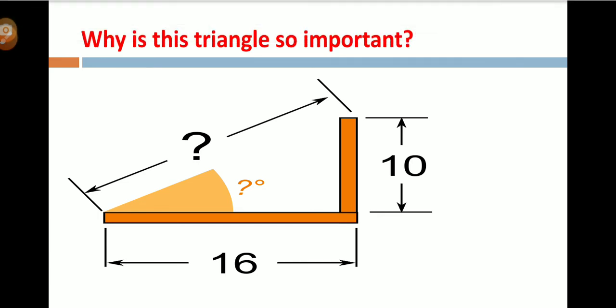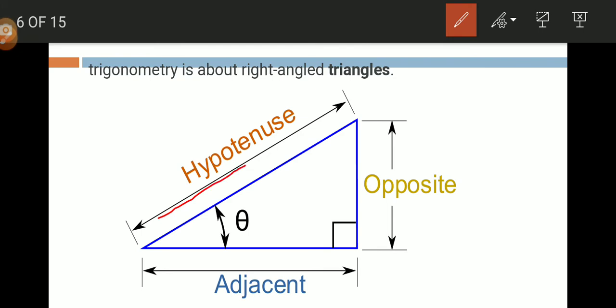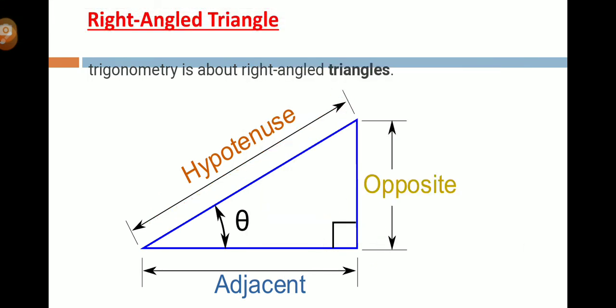The side opposite the right angle, which is the longest side, is called the hypotenuse. Hypotenuse is the longest side.